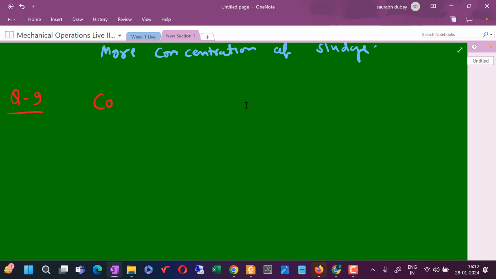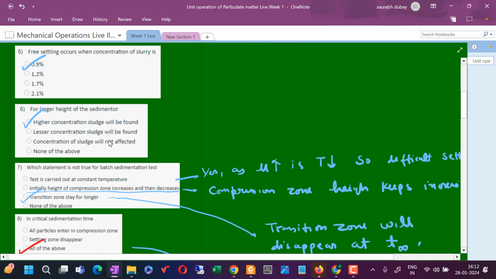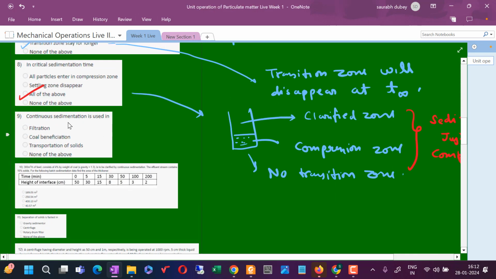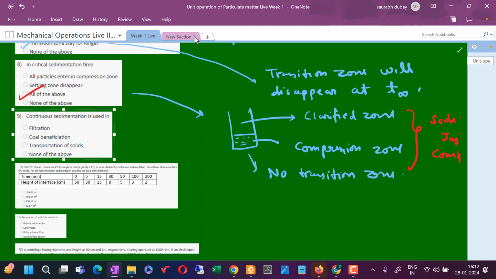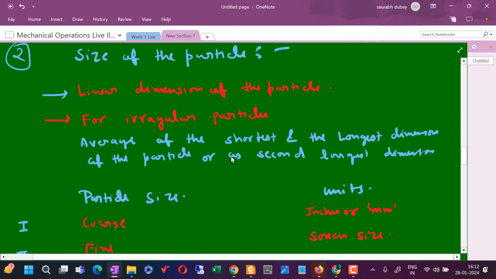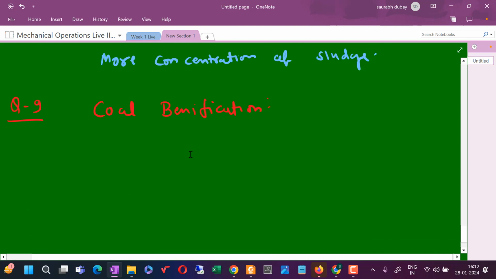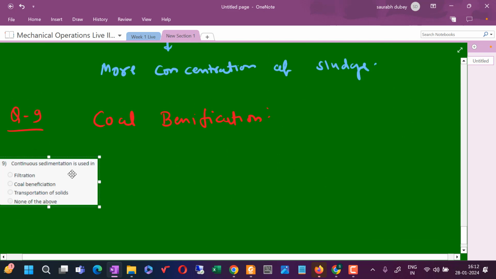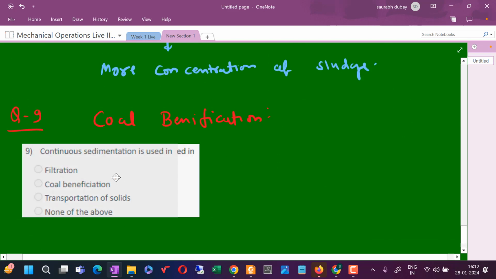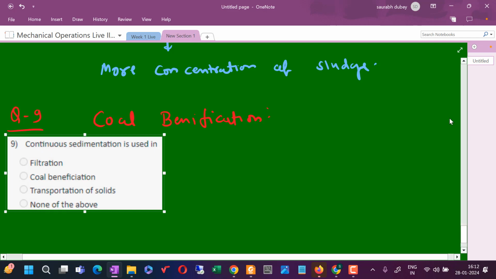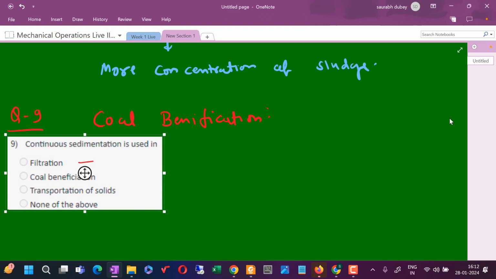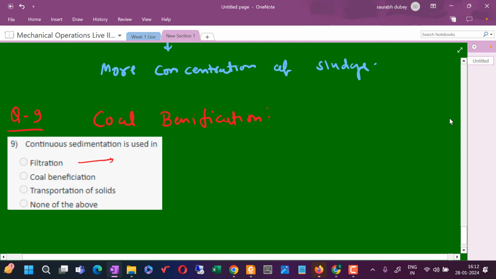Coal beneficiation. What is this? So this coal beneficiation involves the concept of this. I will be explaining coal beneficiation in a minute. Filtration is also a mechanical operation, but here this is not continuous sedimentation.